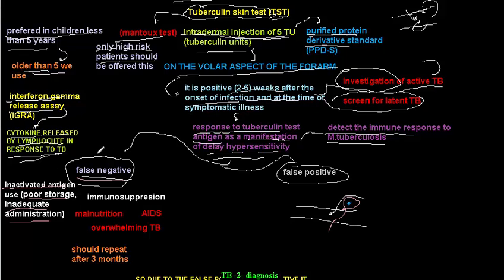If we have immunosuppression, so there is not enough immunity to respond to this antigen, due to, for example, malnutrition, overwhelming TB, or AIDS, then we can also have false negative values. Also, if the test is applied before 2 to 6 weeks from the onset of infection, it may have a false negative value.